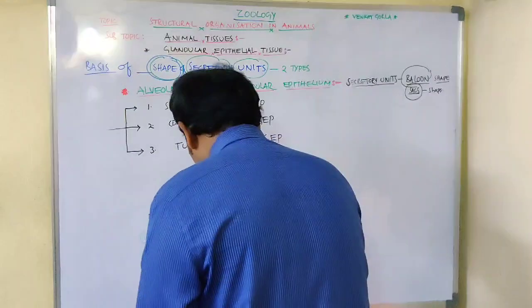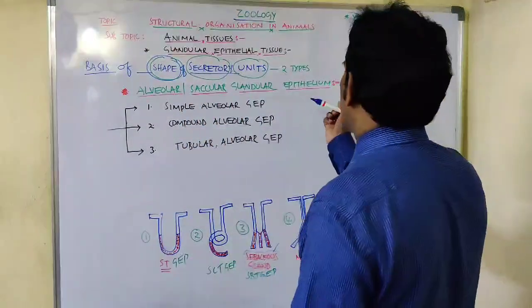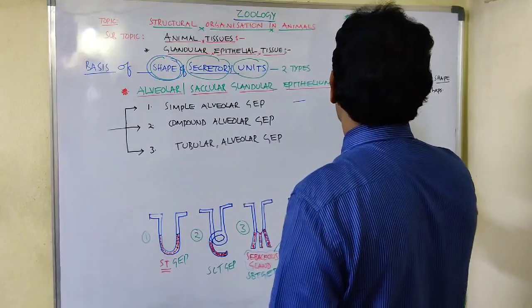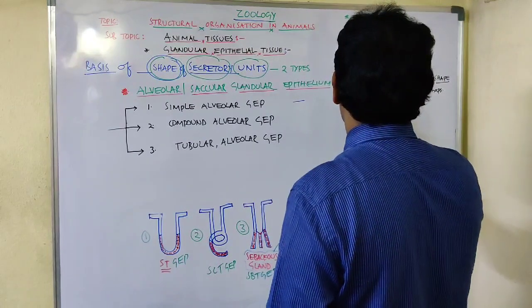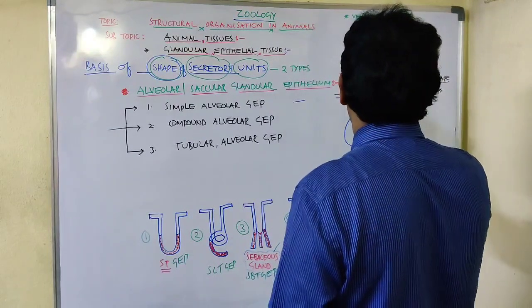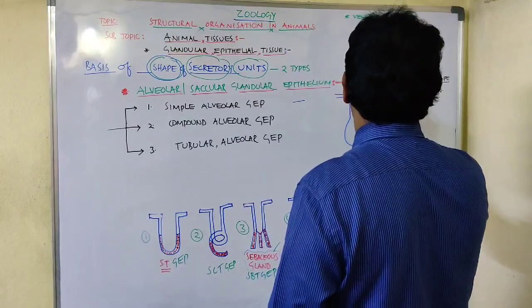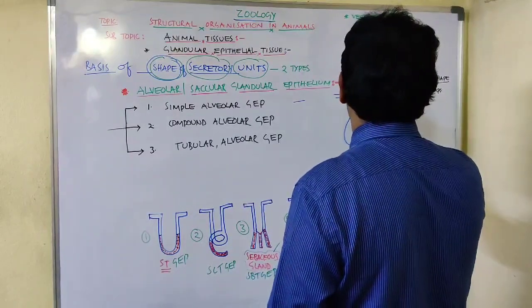Here is the diagrammatic representation. Here it appears like a simple tubular, and here what I said, that it appears like a balloon-like structure.